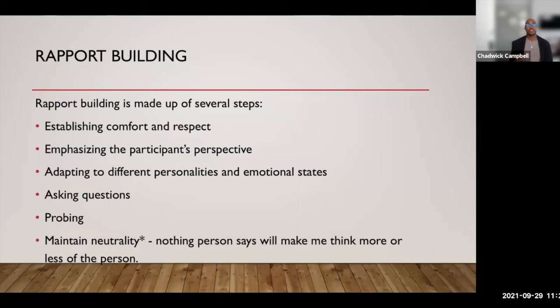We've talked about this in a couple of different contexts: different personalities, different communication styles, different emotional states. It's really important to pay close attention to how the person you're interacting with engages, how they communicate, what seems to work for them and what doesn't. Sometimes with participants, you need to tread very softly.